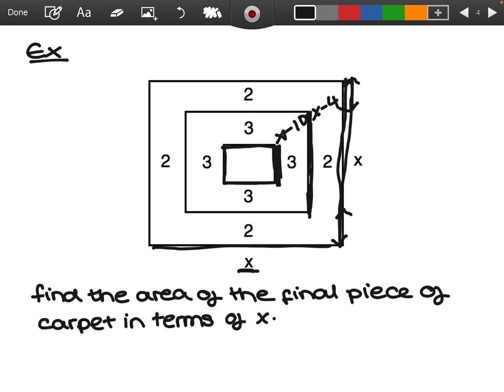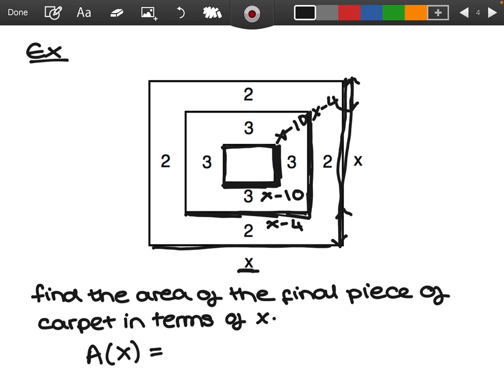So you start off with a length of x, then you've subtracted 2 feet from either side. Okay, so this side here is going to end up with a length of x minus 4. And then here, this side here, I have now subtracted 3 feet from each side again. So now I end up with x minus 10.